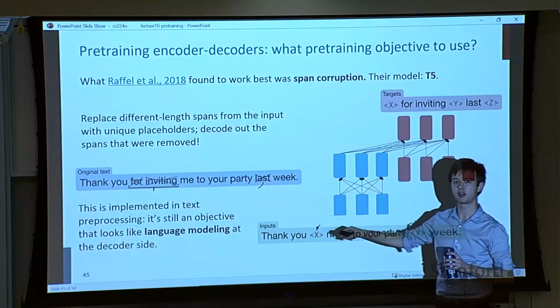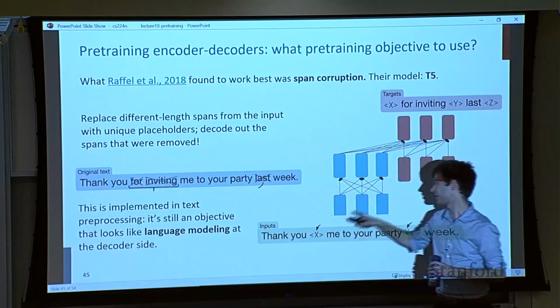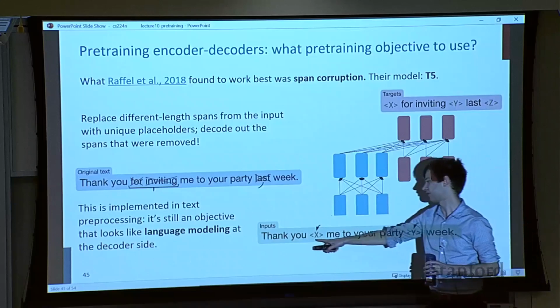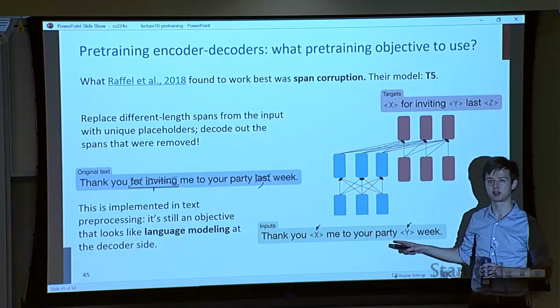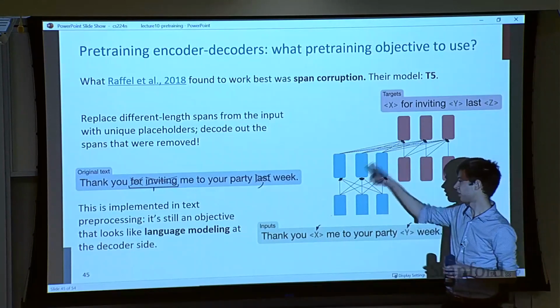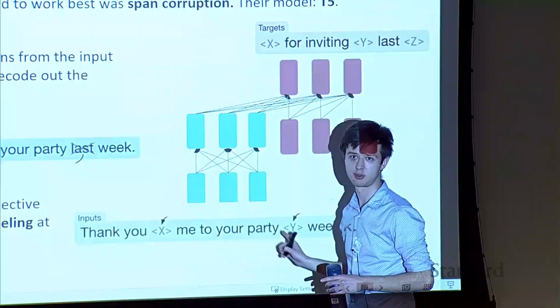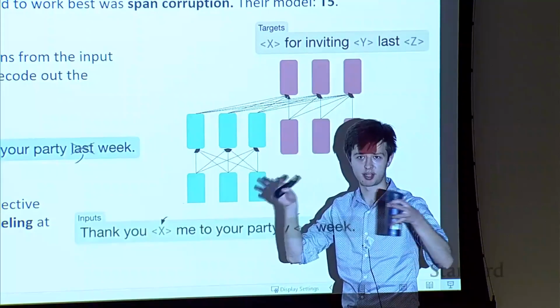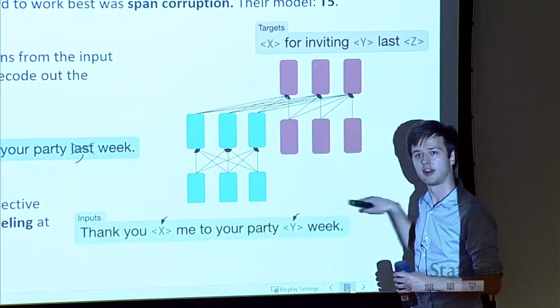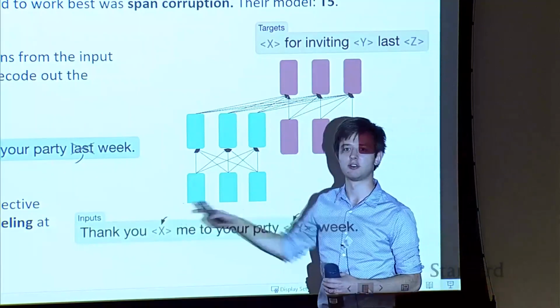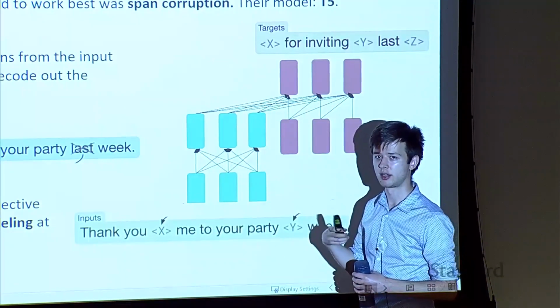So what it does, right, is it knows from the encoder that it has to at some point predict X and at some point predict Y. Because the encoder can just remember that, oh yeah, there's two things missing. And if there were more spans replaced, there would be a Z and then an A and then a B and whatever, just a bunch of unique identifiers.